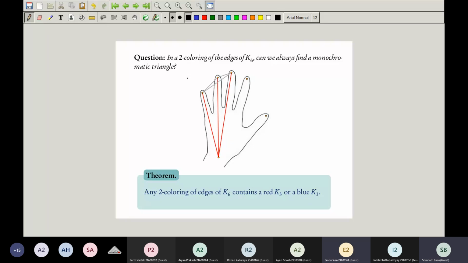No, wait a minute. What do you mean by monochromatic angles? You mean things like this? Yes, two same-colored edges meeting at a vertex. But it's not going to be entirely 24 because you're overcounting things also, right? No, it's greater than or equal to 24. But how are you getting 24 here?